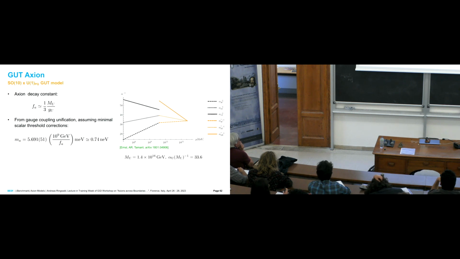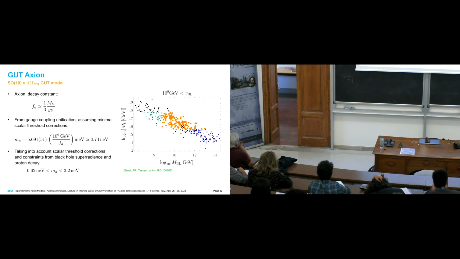If you neglect them, you get a very sharp prediction of the axion mass from gauge coupling unification. But if you take threshold corrections into account, you get a range. The range in this case is from 0.02 nano-electron volt to 2.2 nano-electron volt.